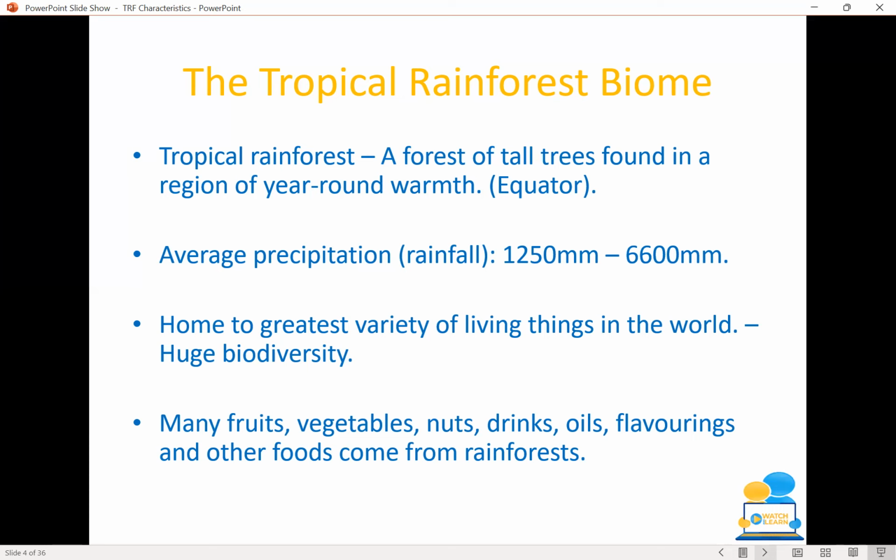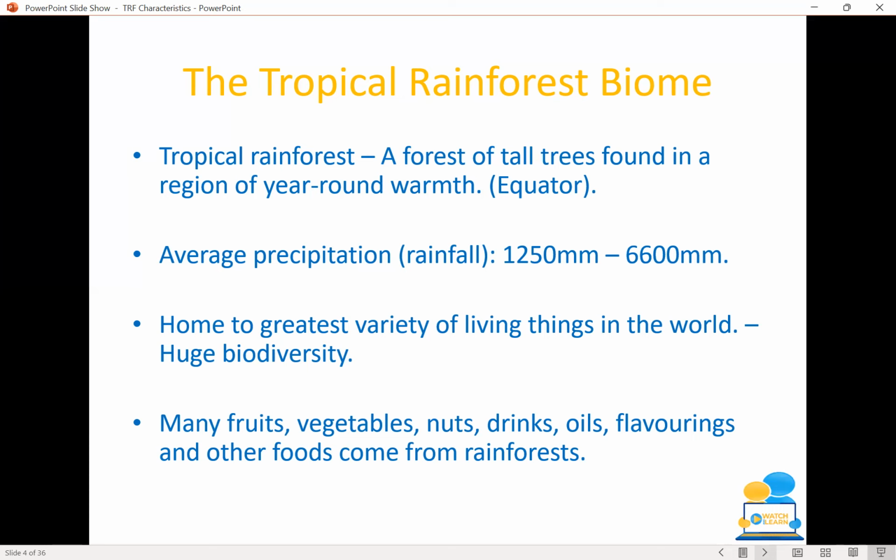You'll find a huge amount of different animals, plants and insects, more than anywhere else in the world. You go through a square kilometer of rainforest, you will find more animals, more plants, more insects than anywhere else in the world. So it's got huge biodiversity, and a huge amount of living things can be found within this area.